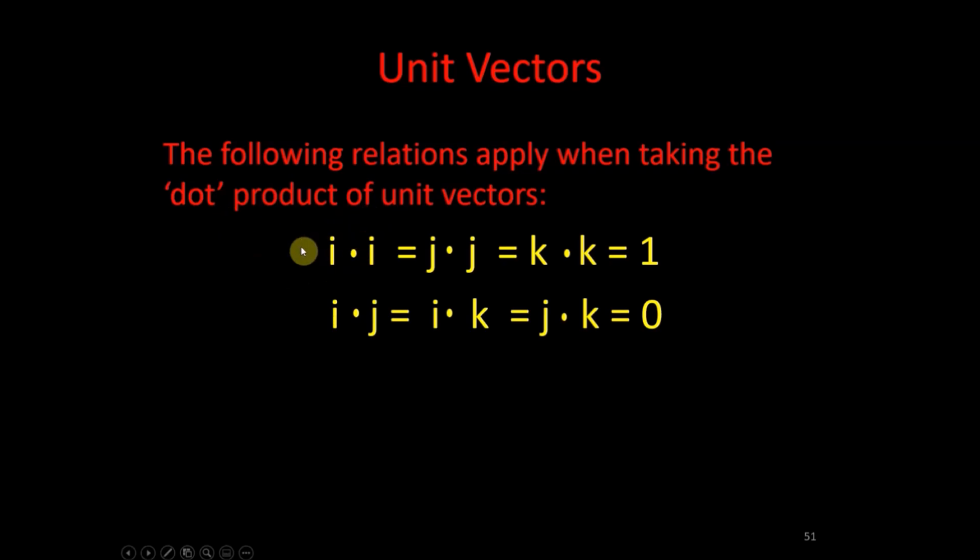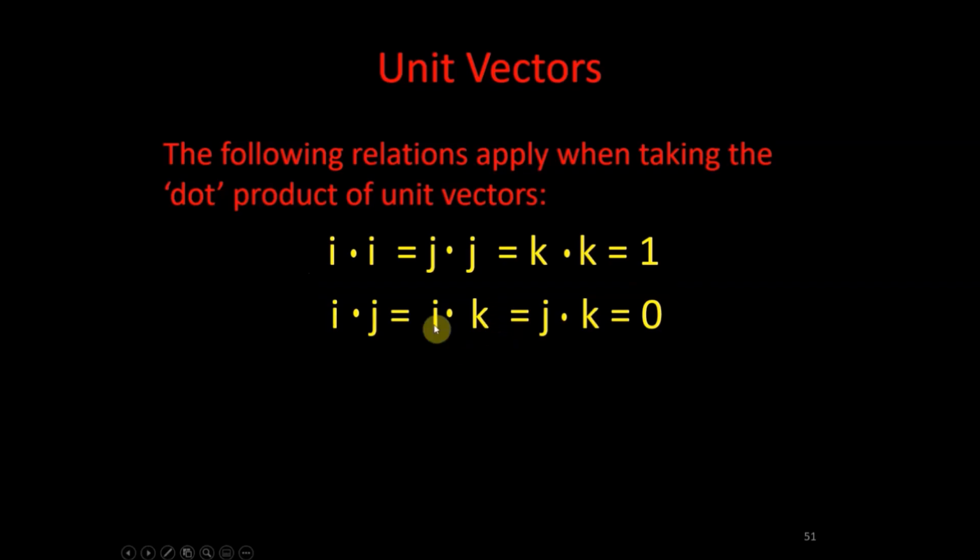So if we take a unit vector in i and multiply it by another vector in the i direction, i dot i, we'll get a value of 1. Same for j dot j and same for k dot k. If we attempt to take our unit vector and multiply it by a vector in another axis, so i dot j, i dot k, or j dot k, we will end up with a value of 0.